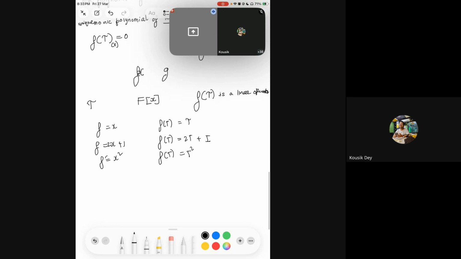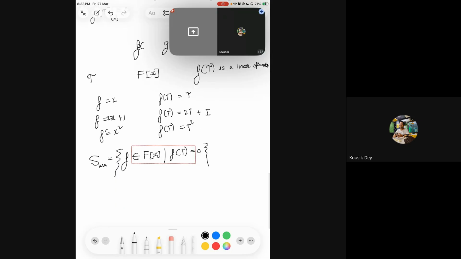So we are taking something called an ideal S_T, which is all those polynomials f belonging to F[x] such that f(T) equals 0. Kaushik, you know these are called annihilating polynomials, right? Yes, sir. So this is an ideal. You know what an ideal is, right?